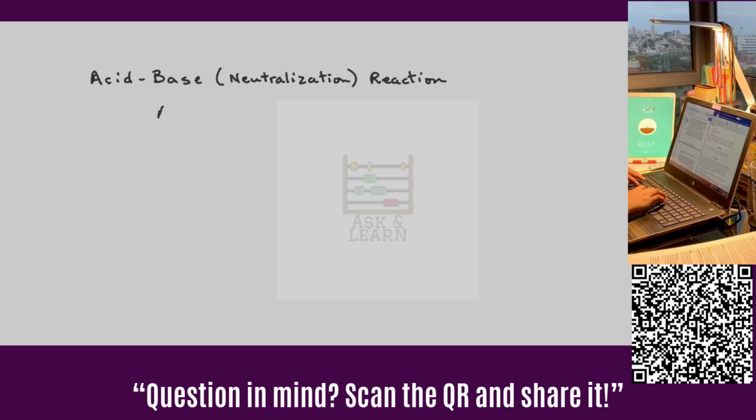And what happens in an acid-base reaction is we have an acid reacts with a base, and it produces a salt and water. The salt is still going to be aqueous, but the water is going to be a liquid. So that is our reaction because we form that insoluble product, that liquid.